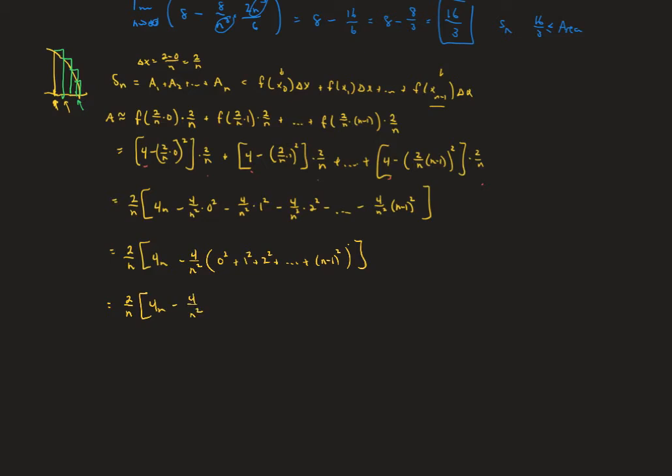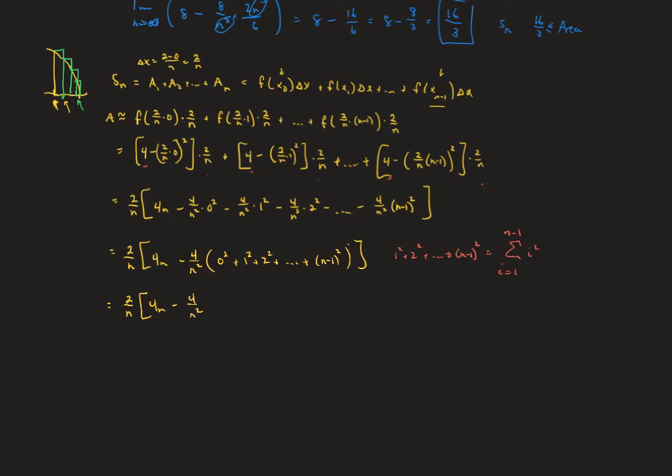Now, this 0 squared, when we're thinking about our formula, we don't really have to think about that. That's not going to contribute anything. This is going to go out to n minus 1 squared. So what we are going to get is our formula for the sum, i going from 1 not to n, but to n minus 1, of i squared.